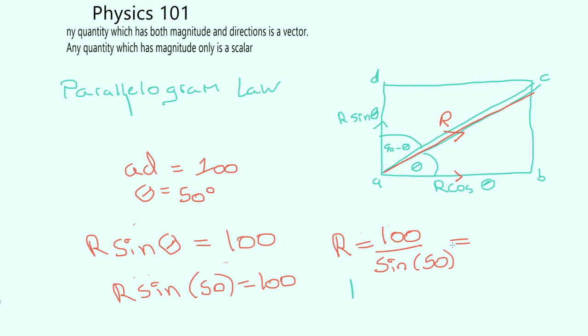Now we'll put that into our calculator, 100 over sine 50, and we get 130. We'll write that in, 130 meters. So that's calculating the resultant.